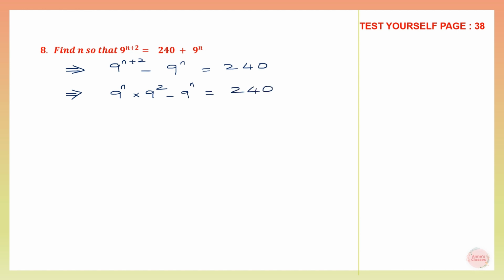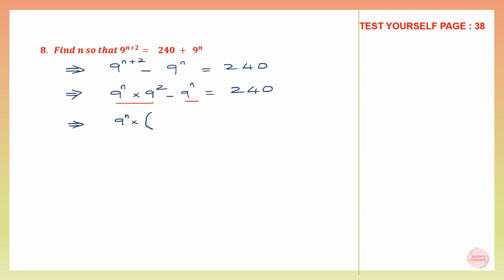Now I'm going to look at this part alone and this part, and we have a minus sign in between. What is common to this part and this part? As you can see, here we have 9 raised to the power of n. Here also we have 9 raised to the power of n. So what I'm going to do is write 9 raised to the power of n separately, and in brackets I'm going to write the rest.